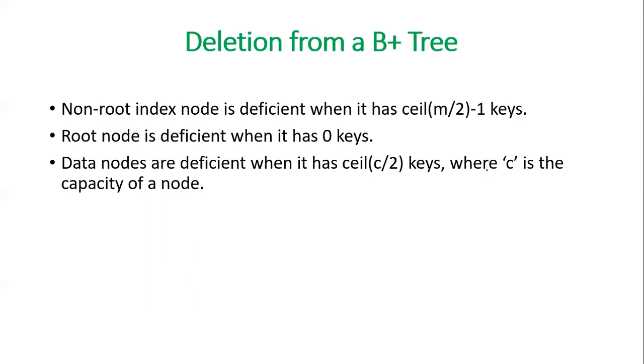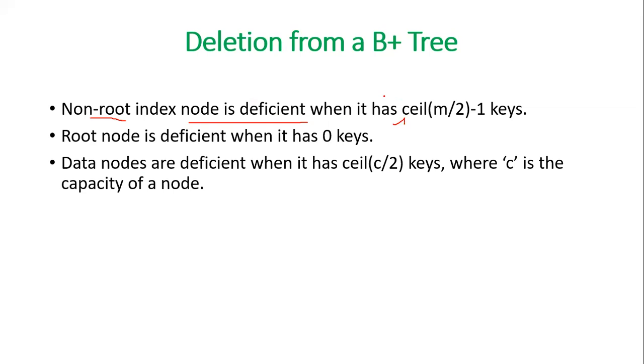A non-root index node means a node which is not the root node, but is any intermediate node. When it becomes deficient, it is the same as the rule of the B tree. A non-root index node is deficient when it has less than ceil of m by 2 minus 1 keys.